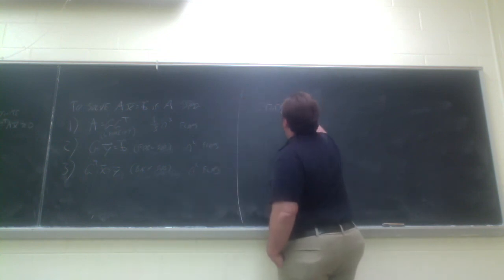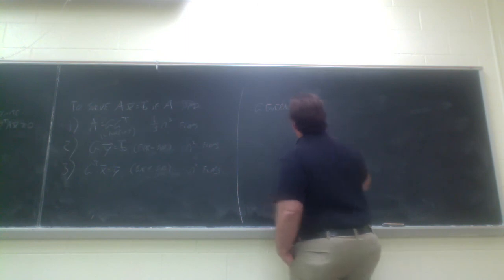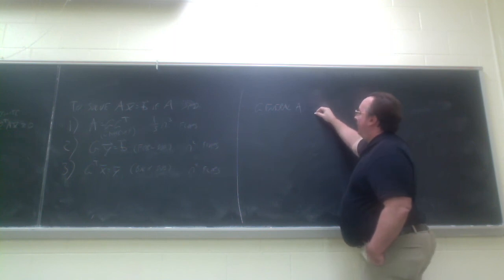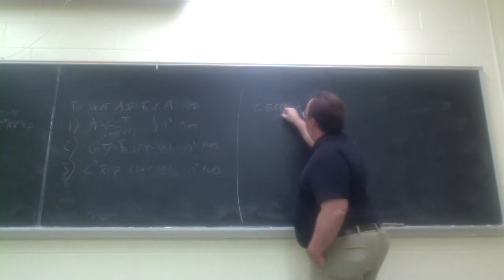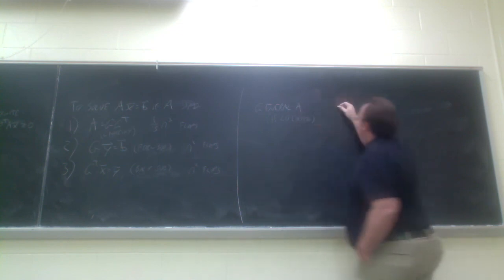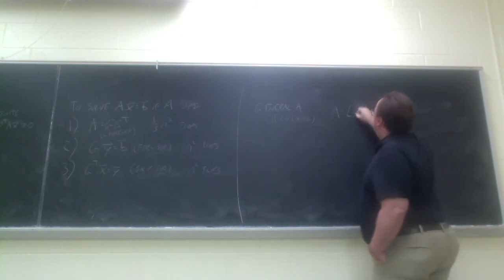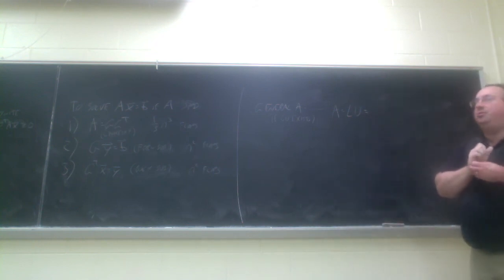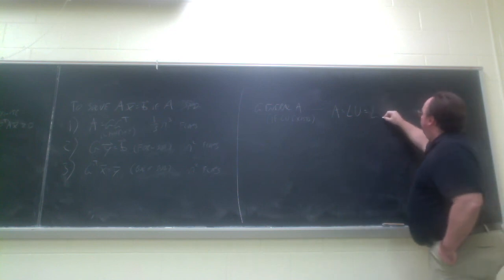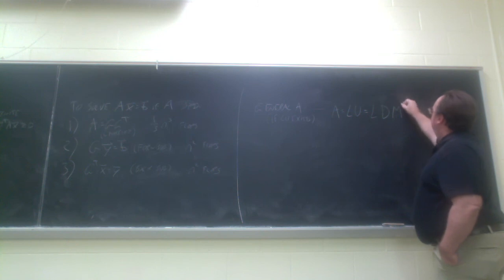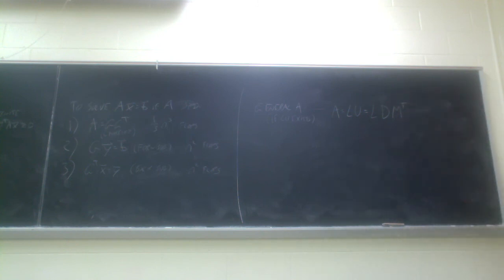So for general A, well, I guess not entirely general, if it has an LU factorization, you can write A is equal to LU, but then what I can do is I can separate U into two matrices, a diagonal matrix times a matrix M transpose that is unit upper triangular.